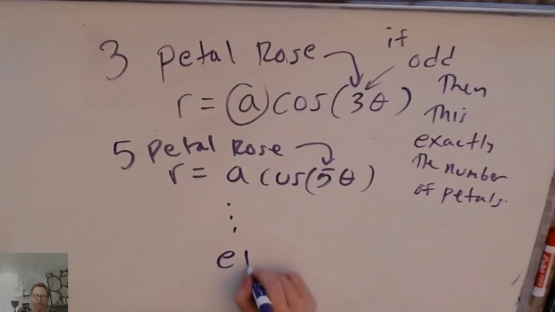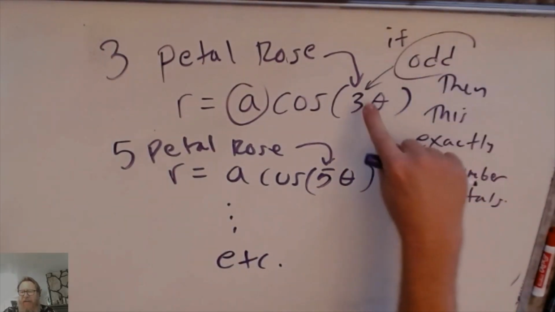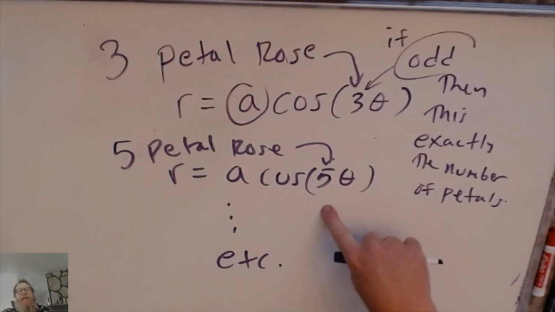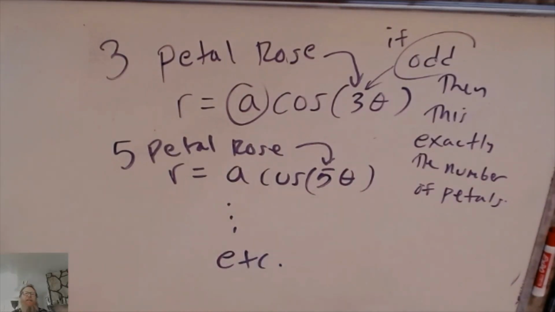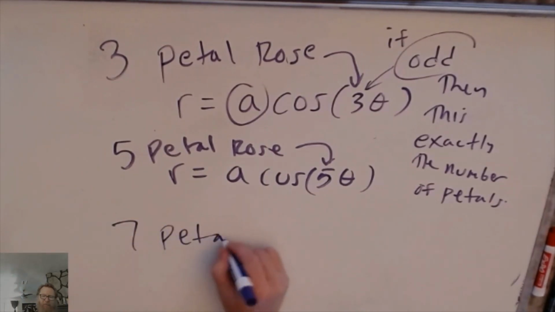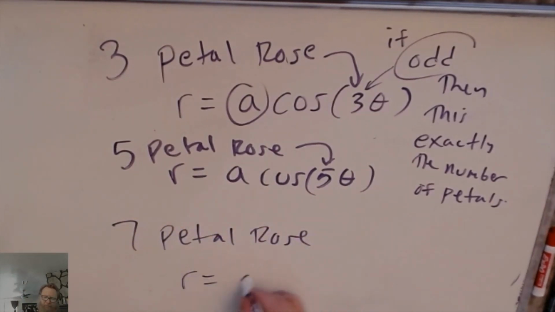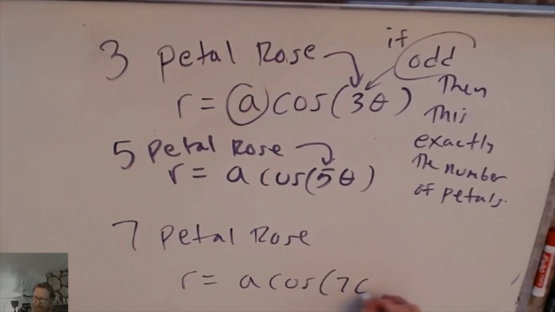Etc., etc., etc. So if the multiple of theta is odd, then that tells you exactly the number of petals. 3, 5. If I wanted to do 7 petals, it would be A cosine 7 theta, so on and so forth.